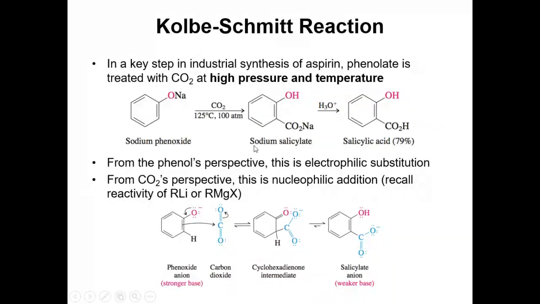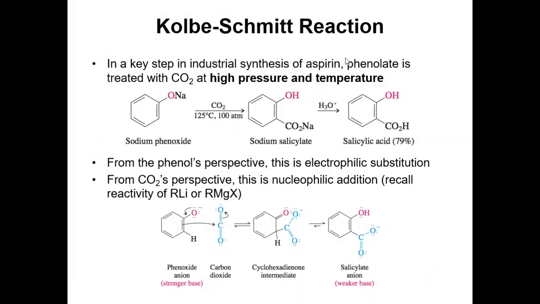This reaction leads to C-acylation of the phenoxide, giving you sodium salicylate, and then you further protonate it to give salicylic acid, which is basically the starting material for aspirin. It's important to emphasize that carbon dioxide is used at high pressure and temperature, especially temperature.